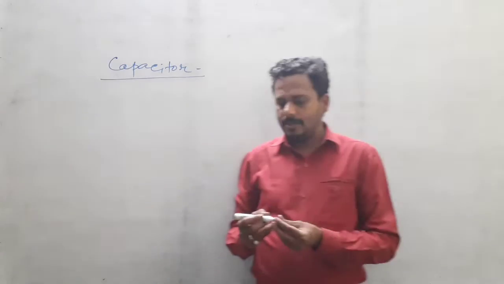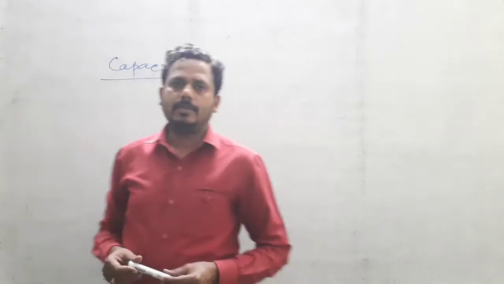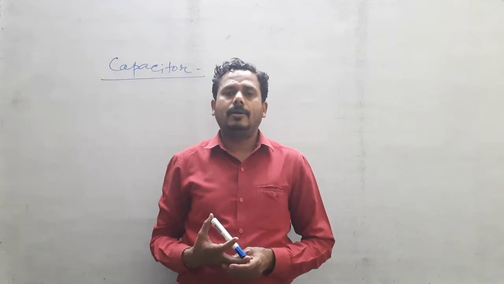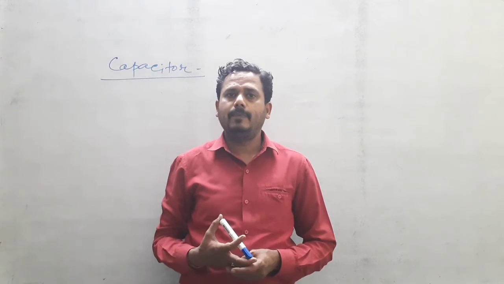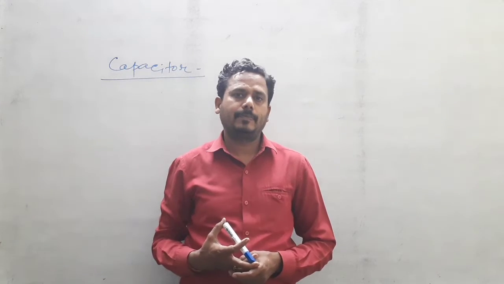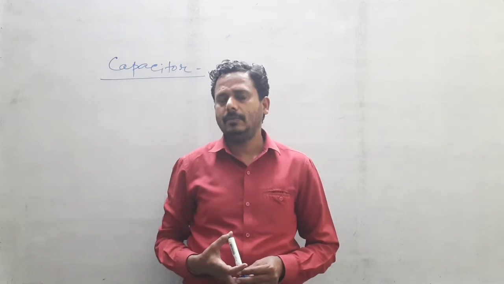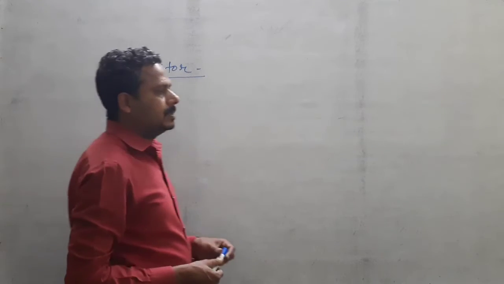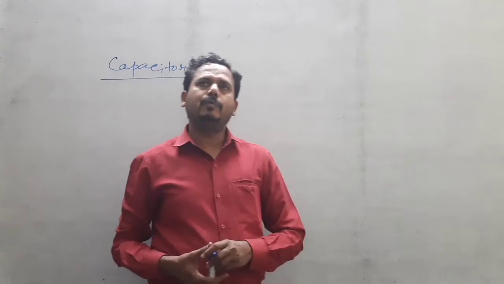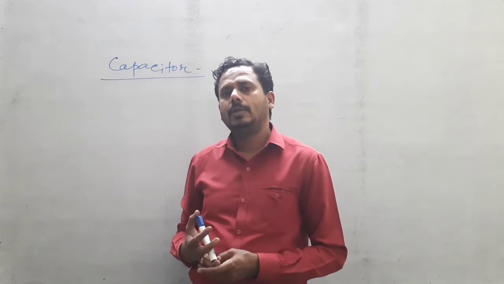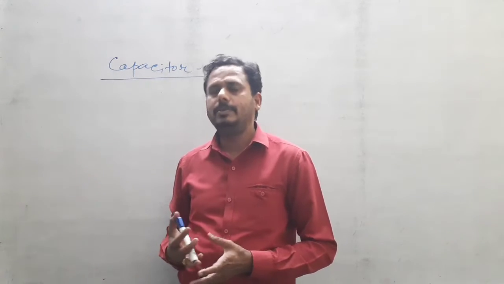For that, we need two conductors that are separated by a dielectric, an insulator, or vacuum. That means whenever we want to see the net charge on these two conductors, it would be zero.